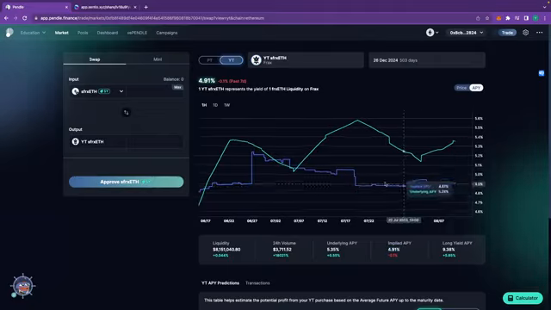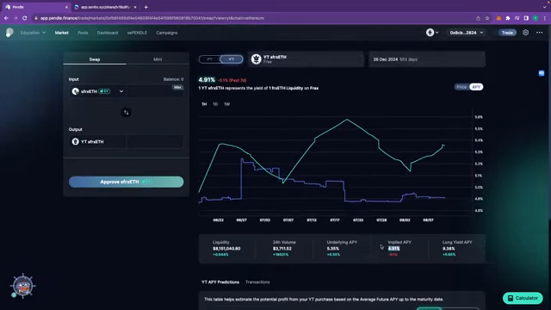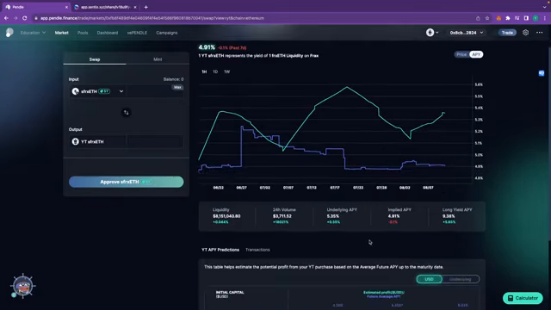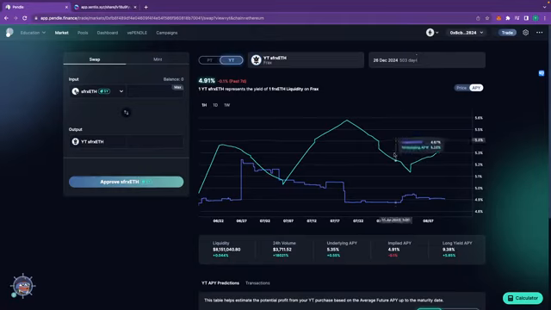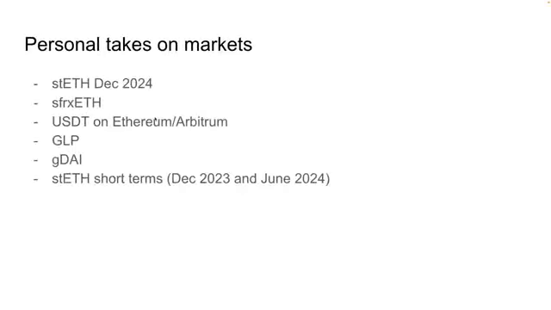Even though the underlying APY has been higher and everything, if you just look at the perspective of getting a fixed yield, you are potentially getting 4.9% fixed yield in ETH terms for 500 days. So if you think that fixed ETH is good, and there will be nothing wrong happening to fixed ETH in the long term in 500 days, I would say that getting this fixed yield for 500 days on ETH terms is also pretty good. That's my opinion for this particular market.